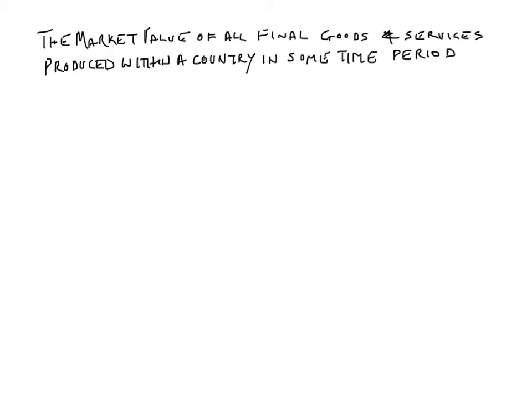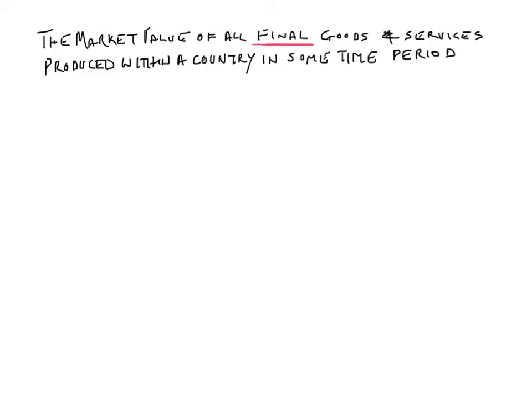So we only count final goods. We'll underline this one. So in other words, we would count all the cars that are made in the country, but we wouldn't count the tires that would go into those new cars.